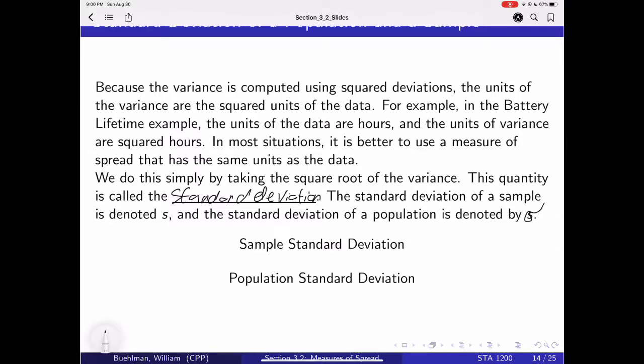So sample standard deviation is s, which is equal to the square root of s squared, and population standard deviation is sigma, which is equal to the square root of sigma squared. So both of these are just saying that the standard deviation is just the square root of the variance.